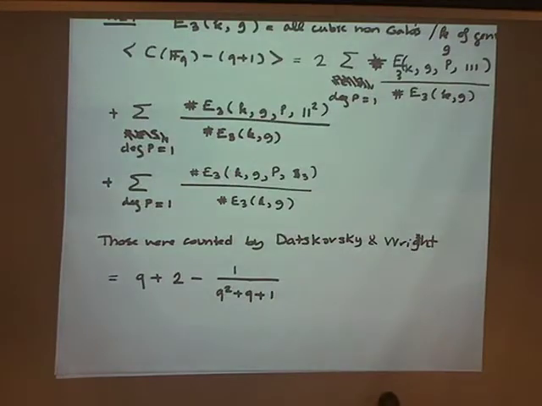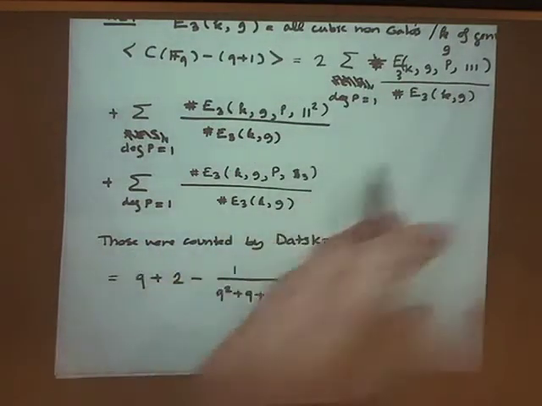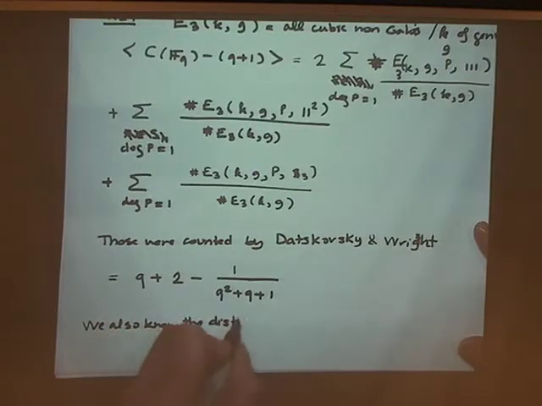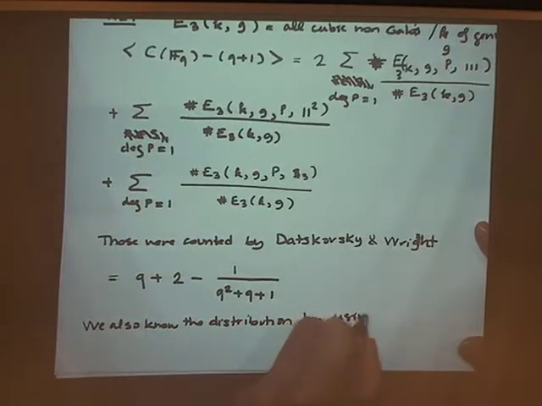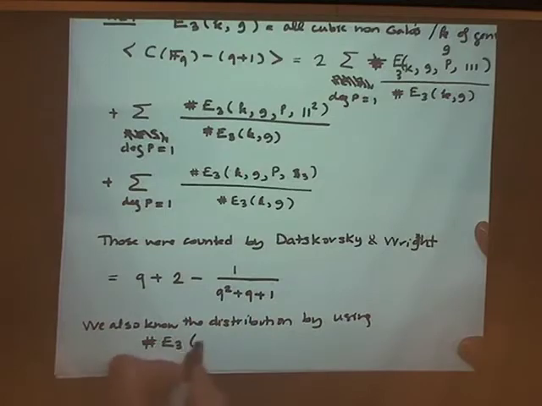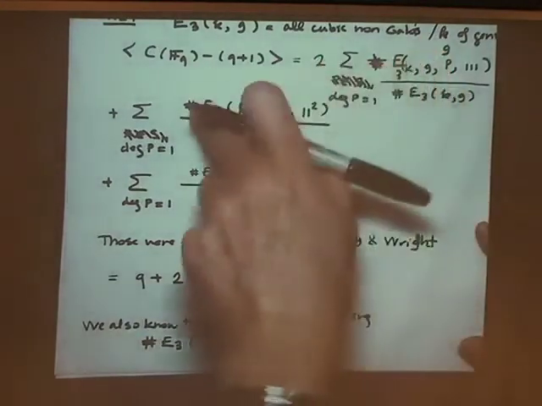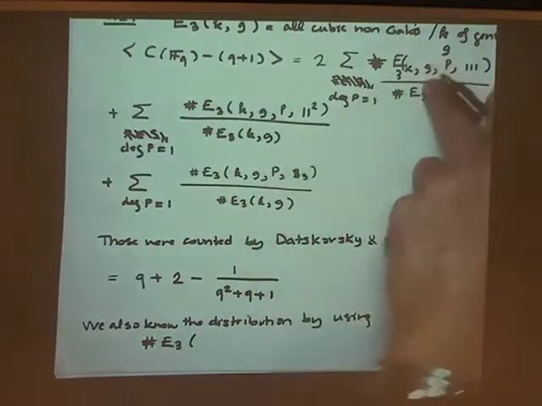And in fact, what you can get, so this is what Melanie proved, is that you don't only get the average number of points, since we also know the distribution by using the same thing. So if I look at the ratio of my random variable, the values of my random variable are 2, 1, 1, and the probabilities are those ratios.